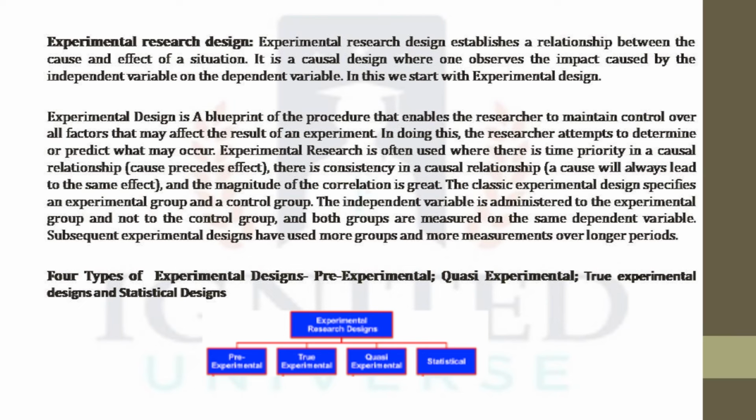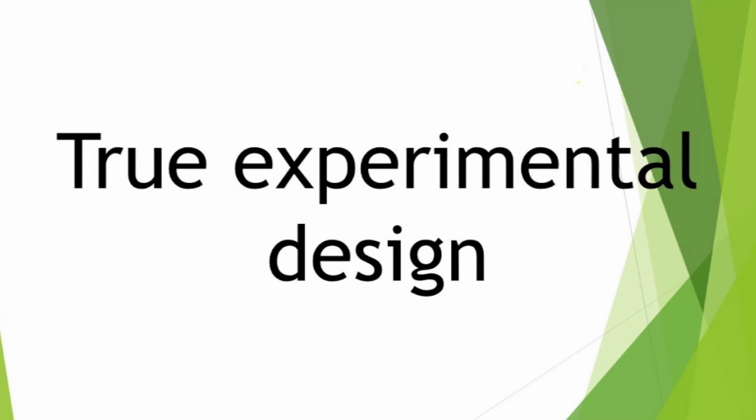Then the third is the true experimental designs. In these designs, researchers can randomly assign test units and treatments to an experimental group. Here, the researcher is able to eliminate the effect of extraneous variables from the experimental and control group.